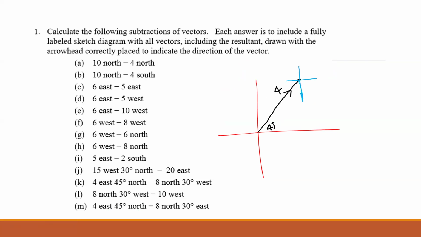So that means 30 degrees is less than 45. So you are going like this. 8. This is 30. And this is 40. And your resultant is like this. Am I right?